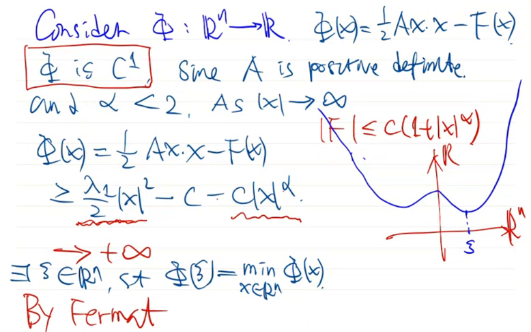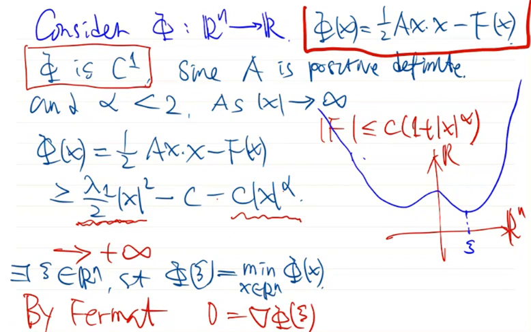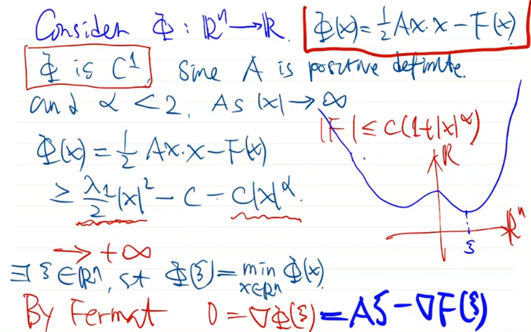we see that the gradient of capital Phi at this point is 0, but Phi is of this form. I will compute the gradient in the next page. It turns out that this gradient is Ax_c minus the gradient of F, which is our f, so Ax_c minus f(x_c). So Ax_c minus f(x_c) is 0.